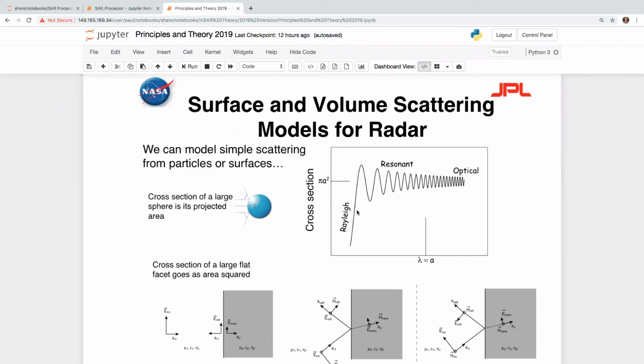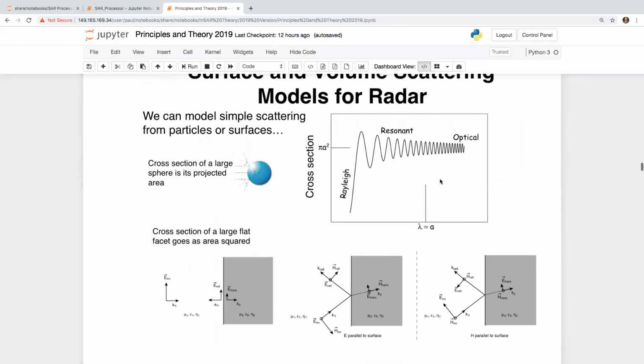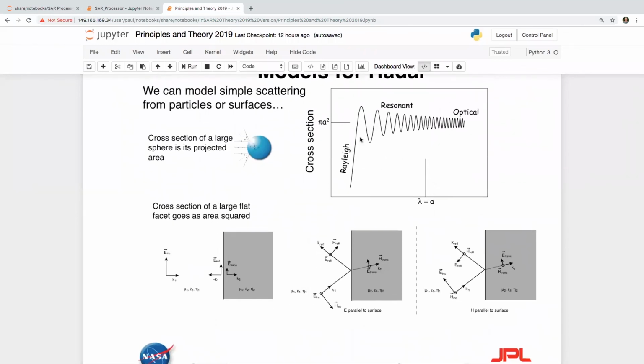I think of it as a little particle immersed in a static electric field. If the wavelength's really long, it just doesn't see it. Whereas if the particle is large compared to the wavelength, there are resonance effects going on in the sphere, and you get a big backscatter. So the idea is small particles, not much backscatter. Larger particles, you get a lot of backscatter. That's one concept that's relatively straightforward and can apply to other contexts as well.